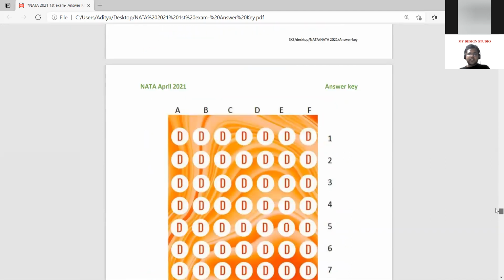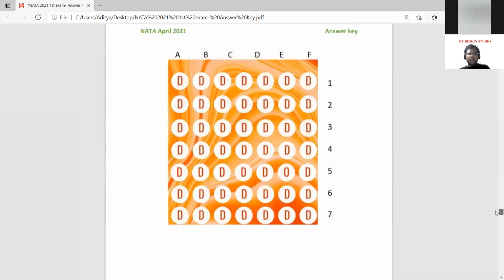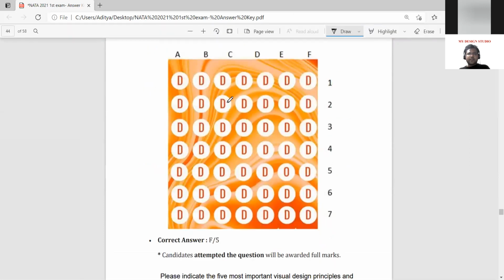In the next case, again the same thing: locate an odd image and identify the segment in which it is located. It's got D, D, D everywhere, but when you come here at E5, you find out that this is not D, but this is O. This is something we have to locate in this particular case.